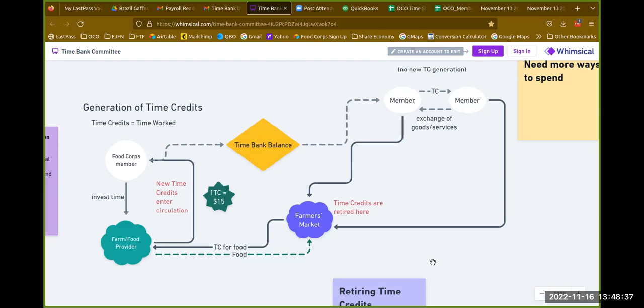And so right now it's been a saving grace of Fish Tree that people haven't been spending their time credits in a serious way at the farmer's market. But once the time bank grows and people start actively spending, then eventually, especially if we don't get more farms involved that can absorb those time credits, those time credits will have to die at Fish Tree.